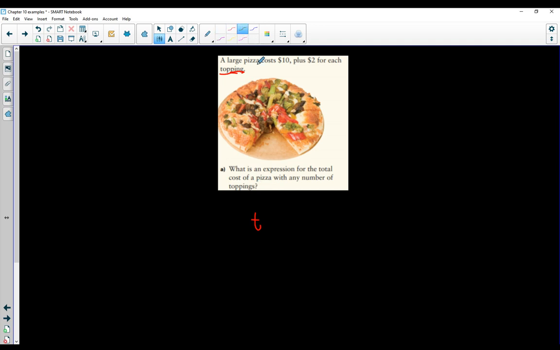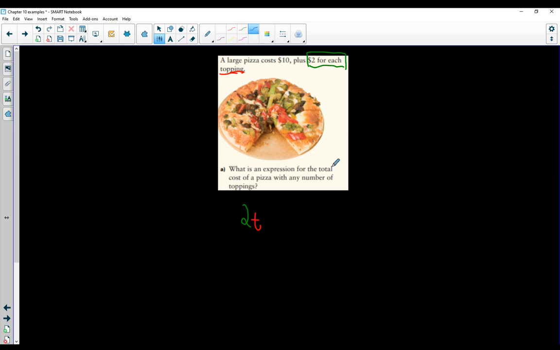Then we'll take a look and ask, what's the numerical coefficient? The numerical coefficient, remember, multiplies that variable. In this case, it's $2 for each topping. Each is another way of saying multiply. So we know that it's going to be $2 multiplied by the number of toppings.